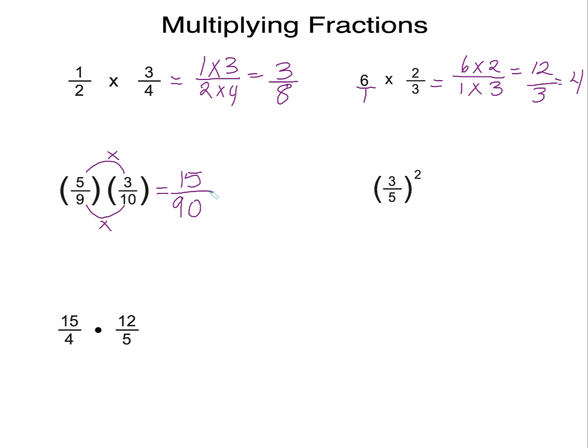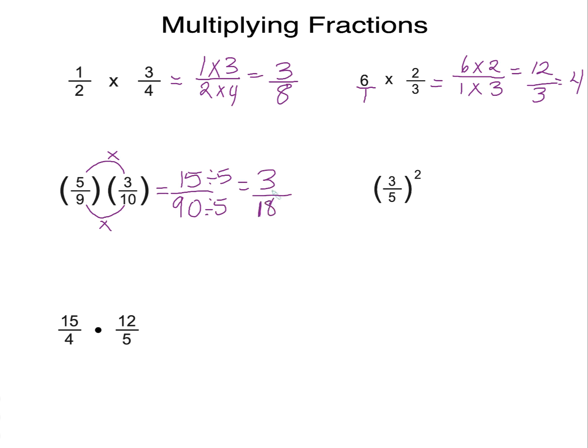Both of these are divisible by 3 or by 5. Remember, anything that ends in a 5 or 0, you can divide by 5. So let's divide by 5 because that's the bigger one. 15 divided by 5 is 3. 90 divided by 5 would give us 18.